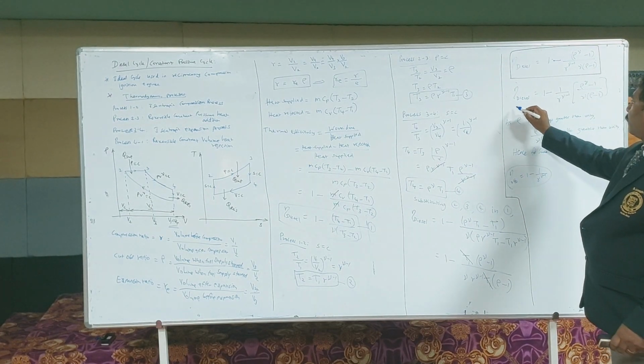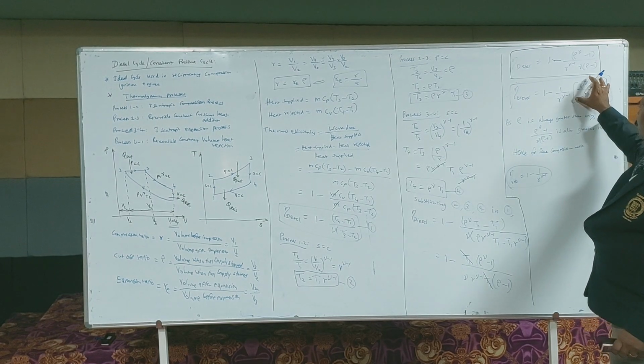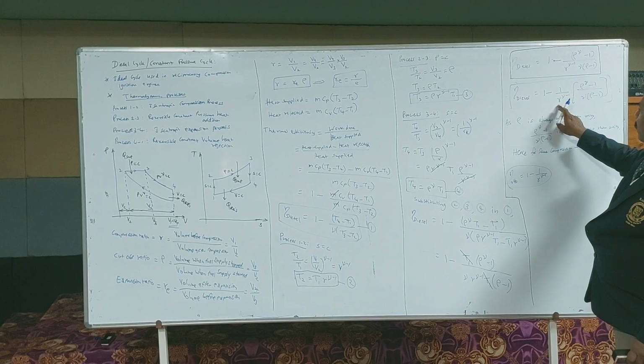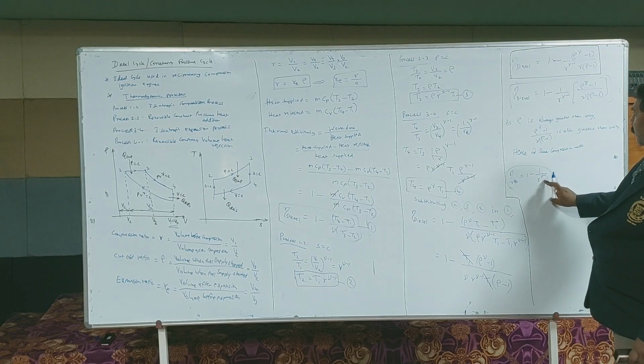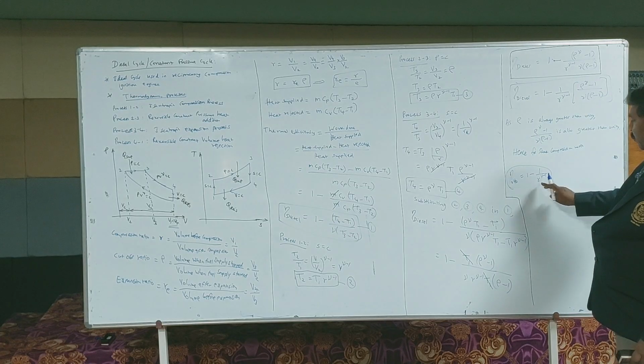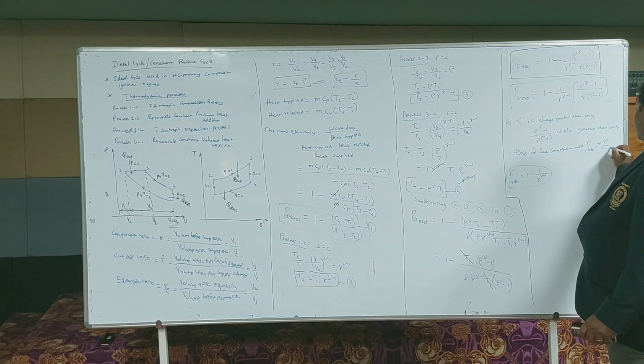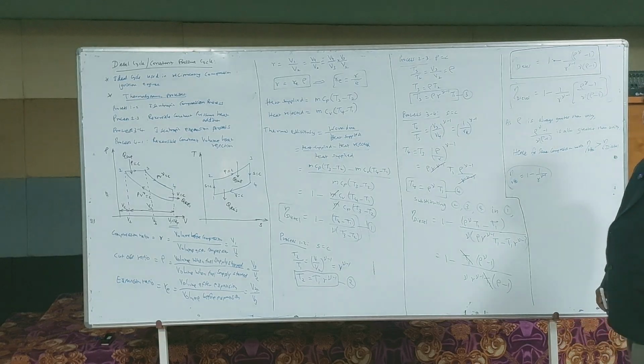And here you have the efficiency of diesel cycle. Since this is more than 1, for same compression ratio, if you compare these two, this is more than 1 and compression ratio is same. Hence, for same compression ratio, efficiency of Otto cycle is greater than efficiency of diesel cycle, right?